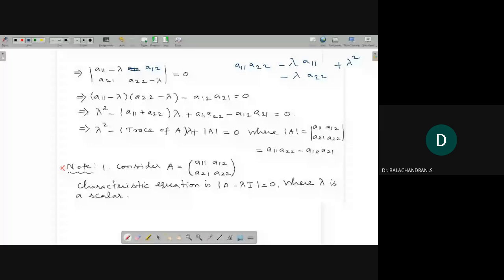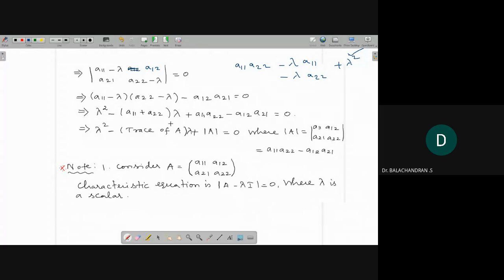So here, in the next step, it is written lambda square, you can check it. From these two, I took commonly what? Minus lambda, remaining is what? A11 plus A22, that is here. And then this is A11 A22, and then the last term, minus A12 into A21 equal to 0.